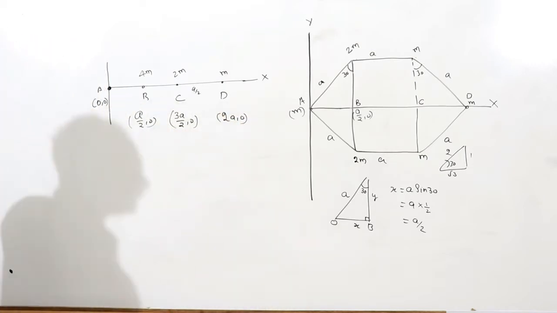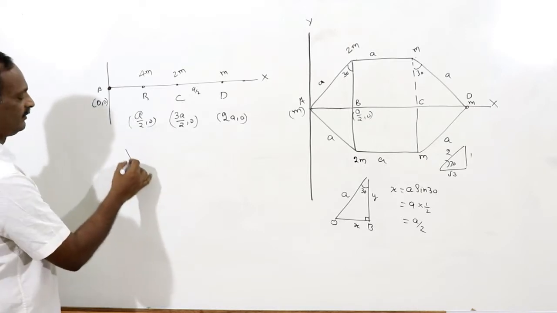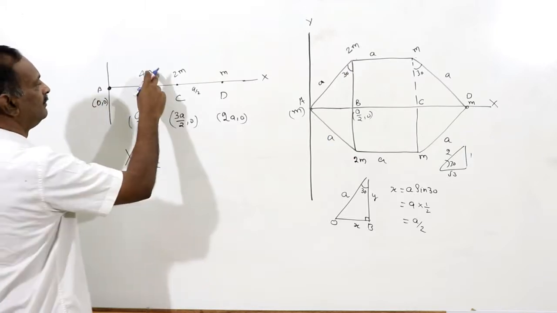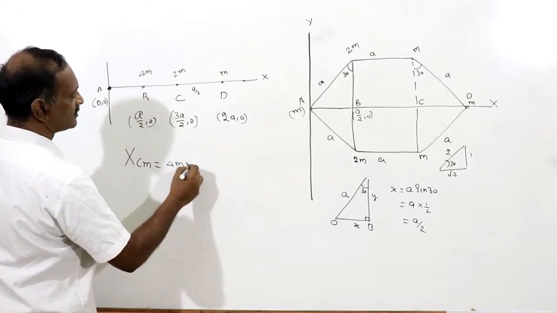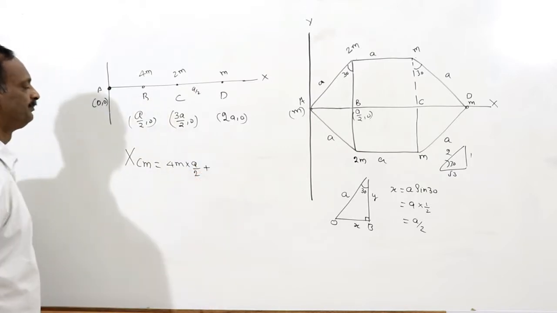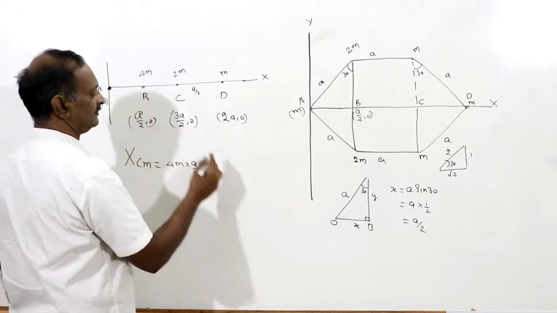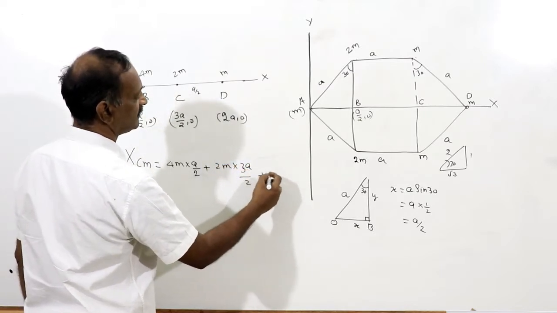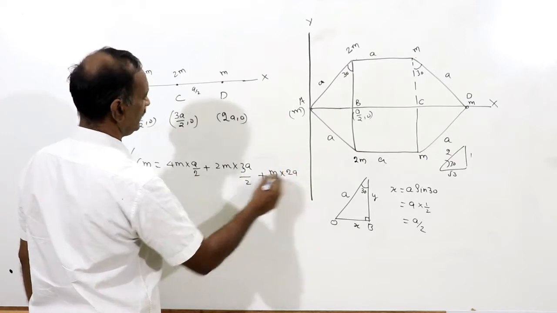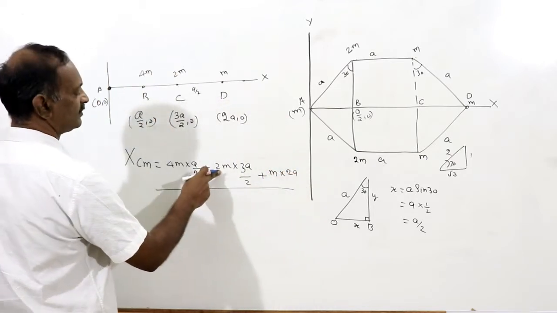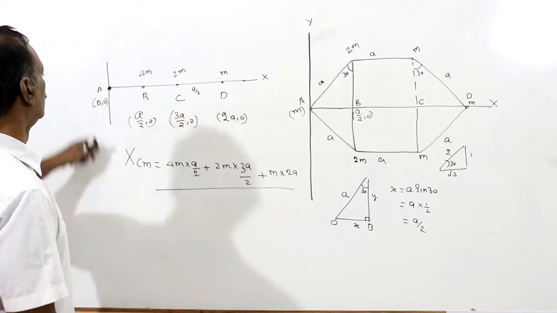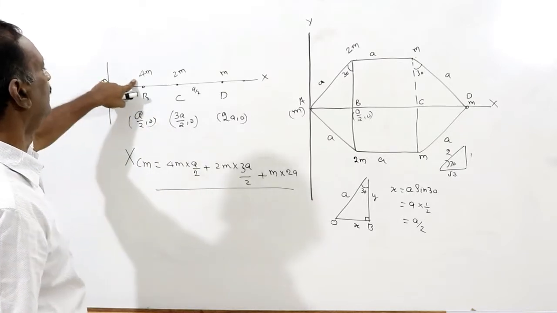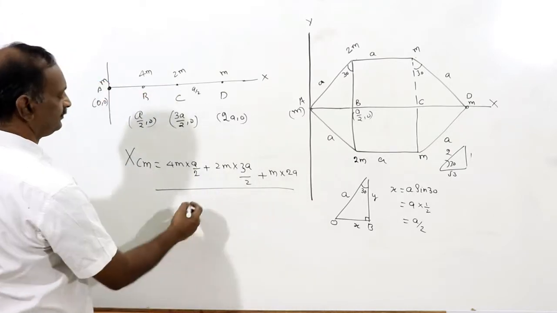Now we got it. All the y coordinates are 0, so we need not find YCM. We need to find XCM: m1 x1 plus m2 x2, which is a by 2, plus m3 into 3a by 2 plus m4 into 2a, divided by the total mass. 4 plus 2, 6, plus 1, and m mass is also kept here, so 5 plus 3, 8.